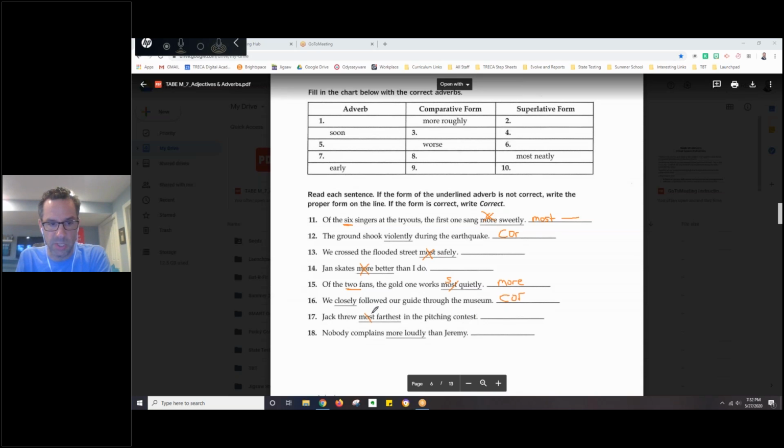Most is extra. This is kind of like number 14 in that we don't need the word most. Just farthest is good enough. That's superlative form. You know, when you put est, that is superlative. So Jack threw farthest in the pitching contest.